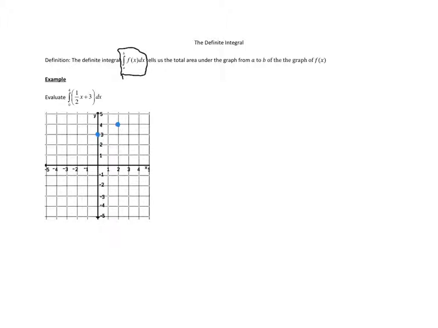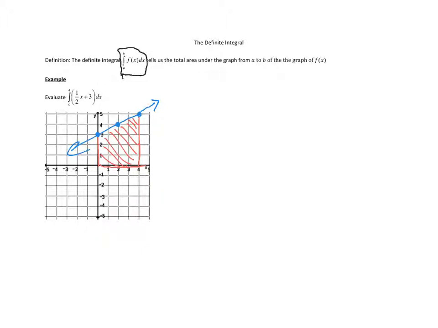So rise 1, run 2, rise 1, run 2. So we get this linear function. What we're trying to find is the area under that curve from 0 to 4.